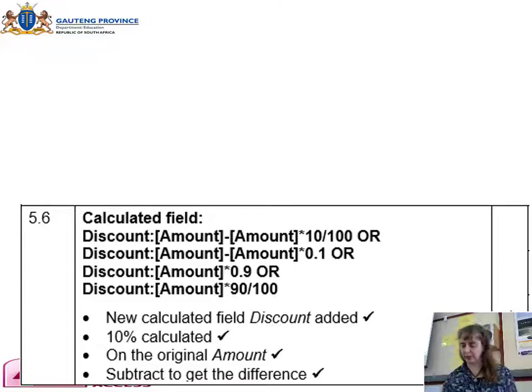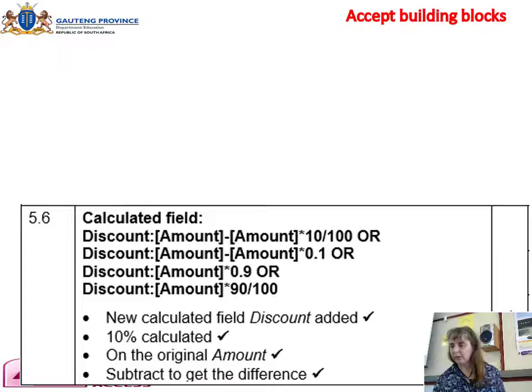The marks come from creating the new calculated field. They need to do the 10% calculation on the original amount, and then it needs to be subtracted from the final amount, the discount amount. So they say that we can accept building blocks here.